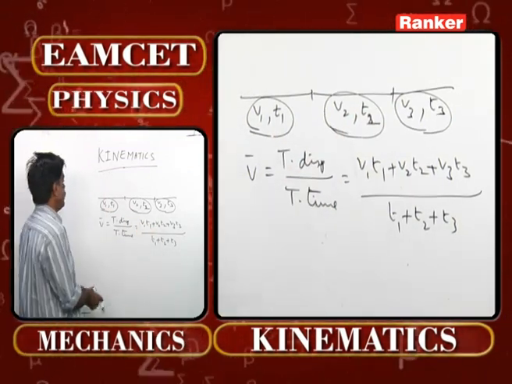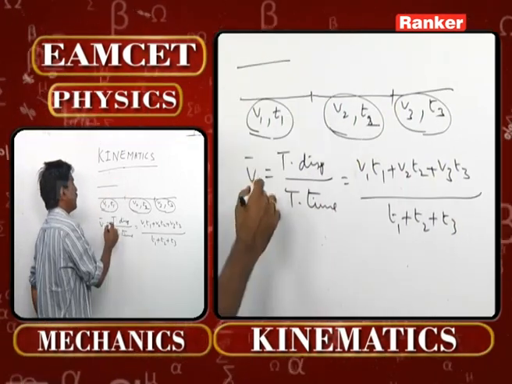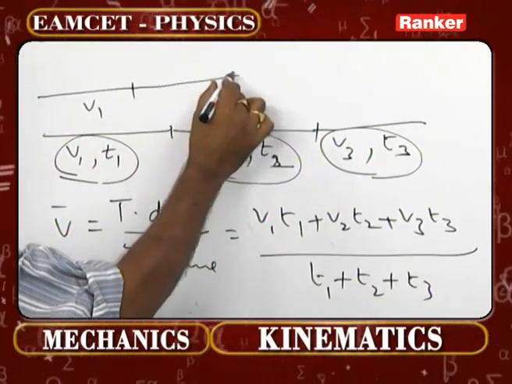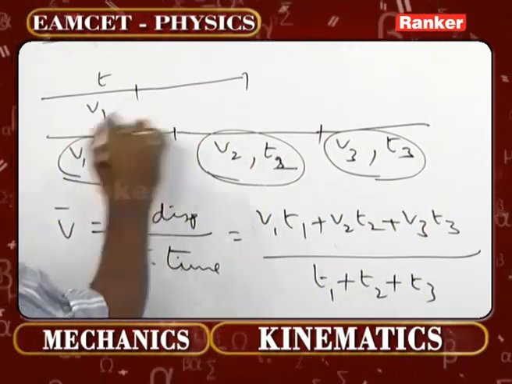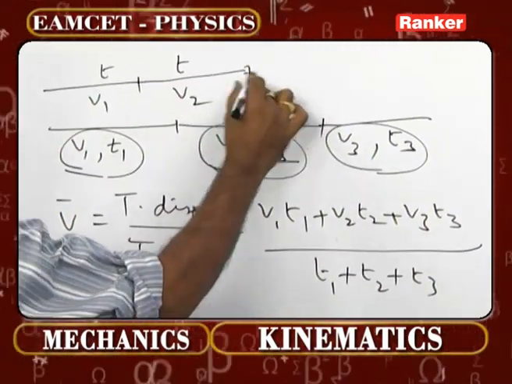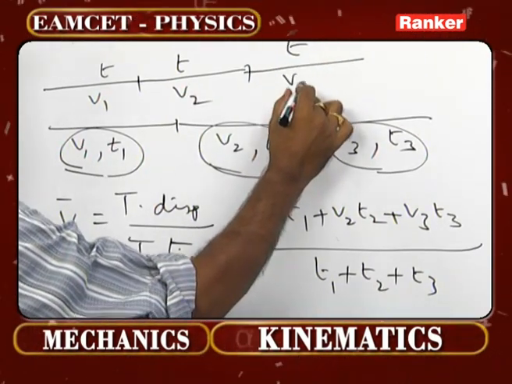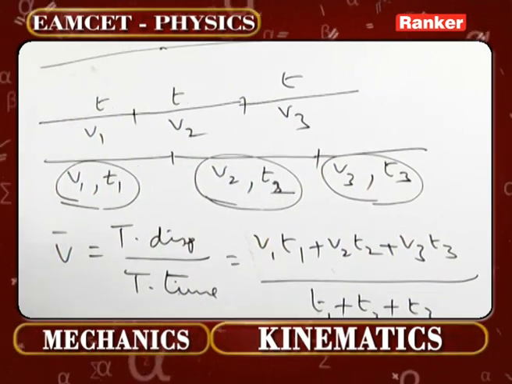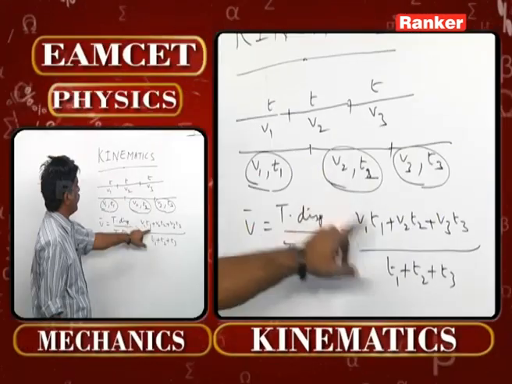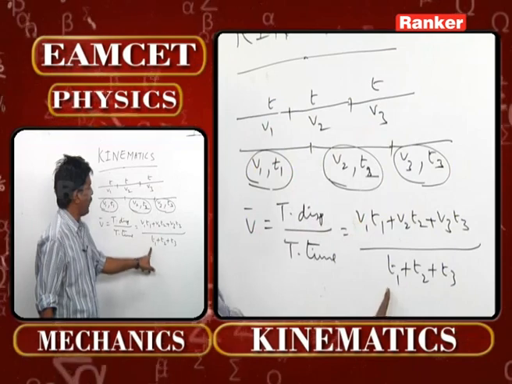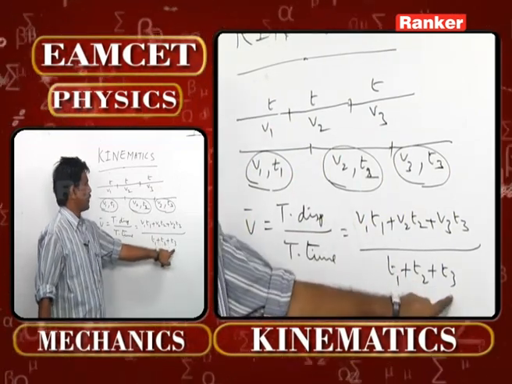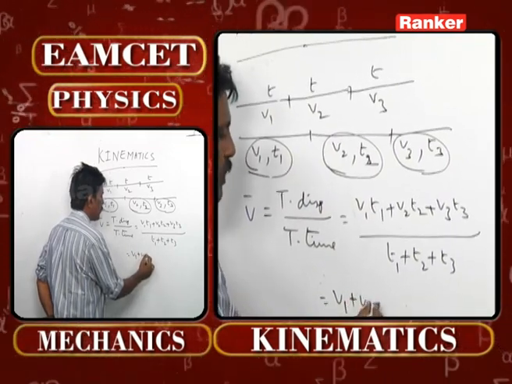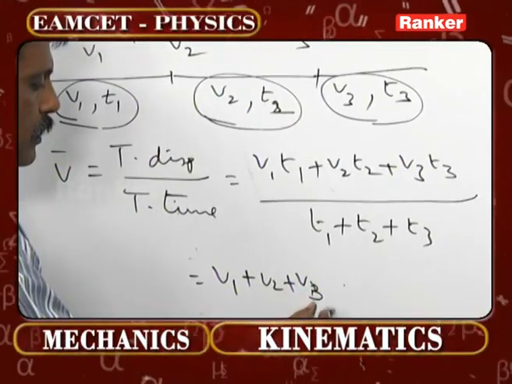For example, if in the first T seconds it travels with velocity V1, in the next T seconds with velocity V2, in the last T seconds with velocity V3, then what is the average velocity? Simply what you have to write is V1 T plus V2 T plus V3 T by T plus T plus T. That means what you will get here is V1 plus V2 plus V3 by 3.